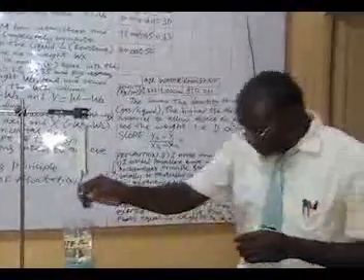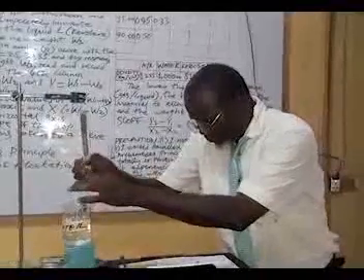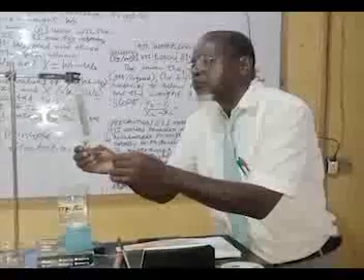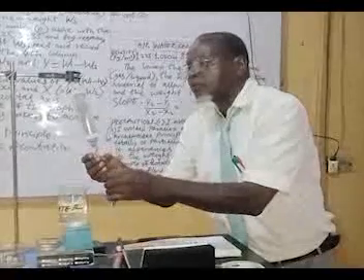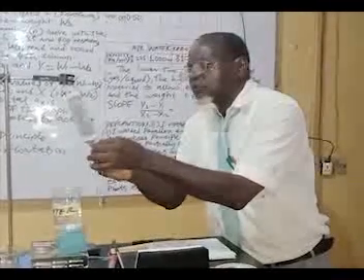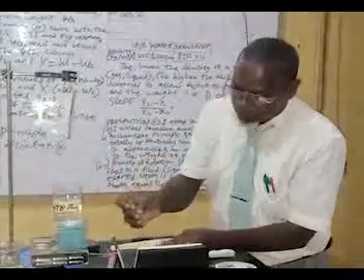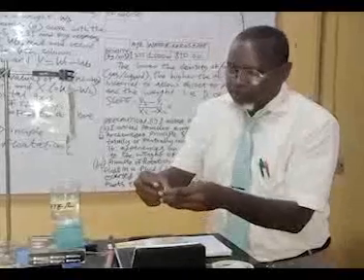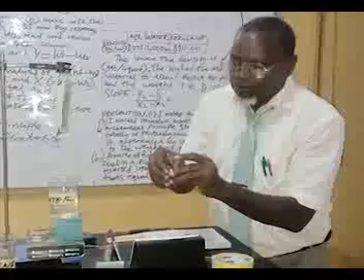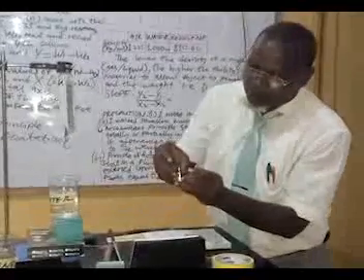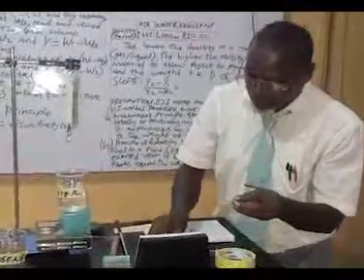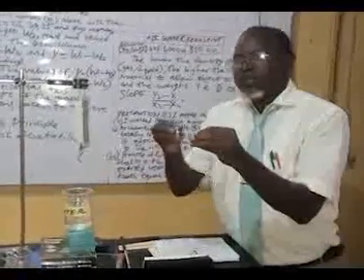Then you remove it. Bring it out gently and remove it. Remove all the 5 grams and put 20 grams together with the first 20 grams there. This is 20 grams, this is another 20 grams.